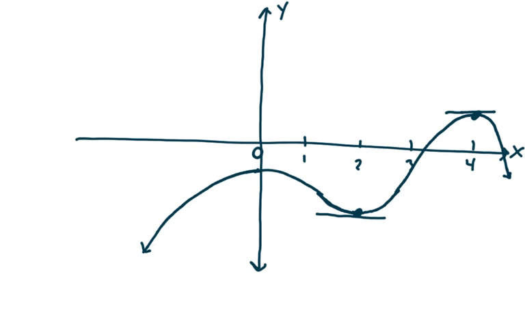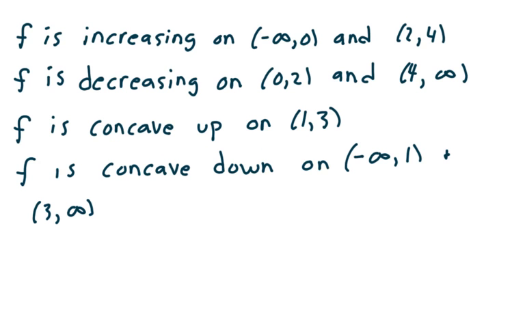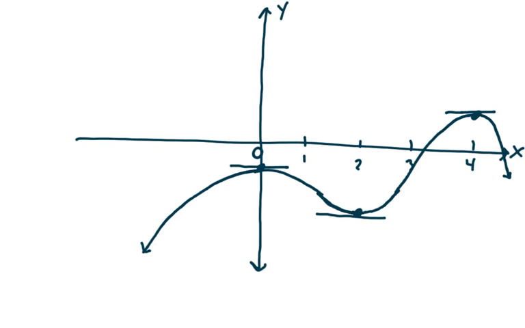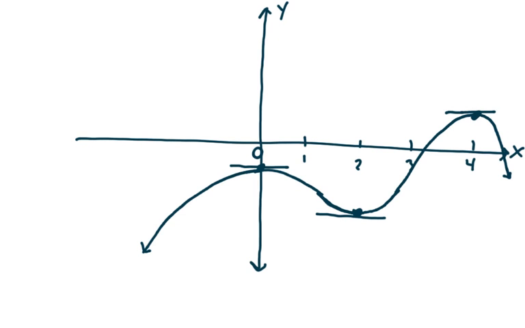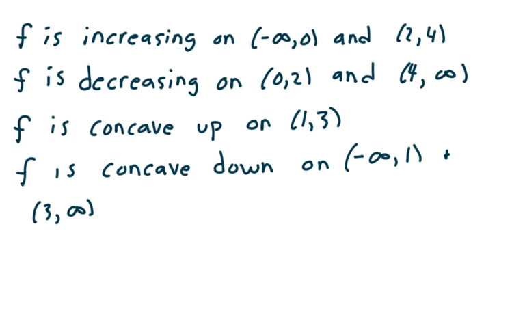And the slope of the tangent line at x equals 0 is also 0. So we're good to go on the first condition. Now, let's come over here. Notice how f is increasing from negative infinity to 0. Well, that's good. It certainly is. And then from 2 to 4, the function is increasing. So that's also good. So first condition met.